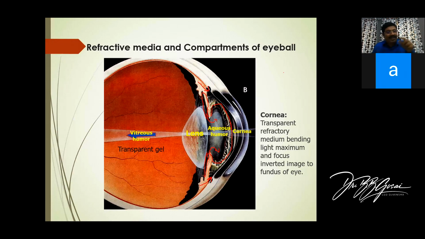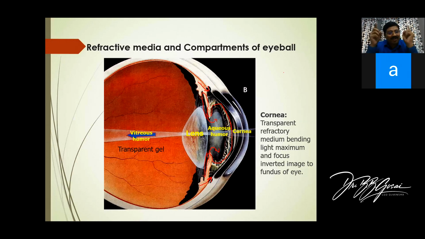So this particular ciliaris muscle is under the control of the parasympathetic fibers coming from the oculomotor nerve. That is the third cranial nerve, which supplies intraocular muscles and also extraocular muscles. So this is one of the intraocular muscles within the eyeball, and this particular ciliaris is controlled by the oculomotor.